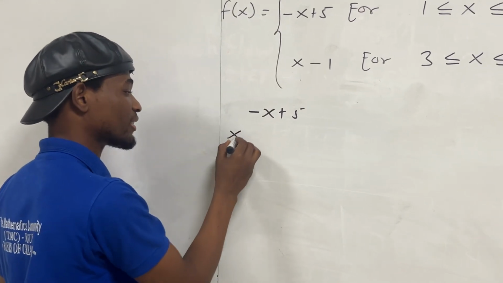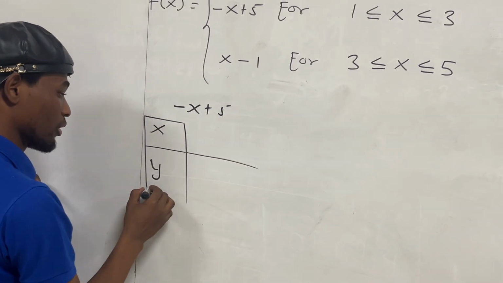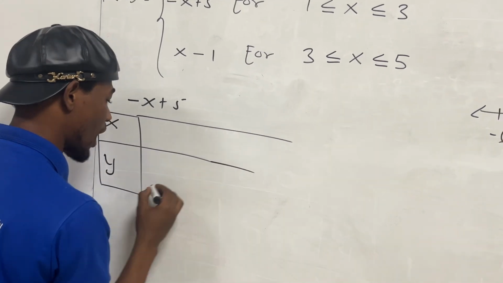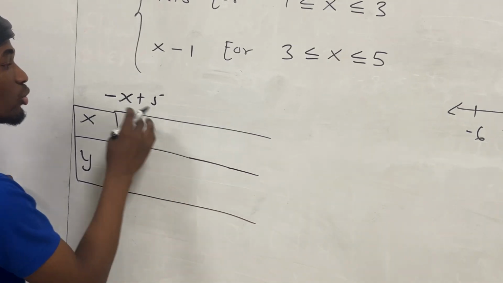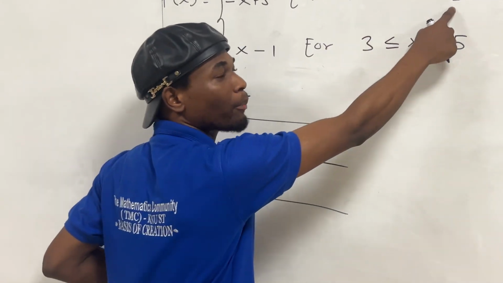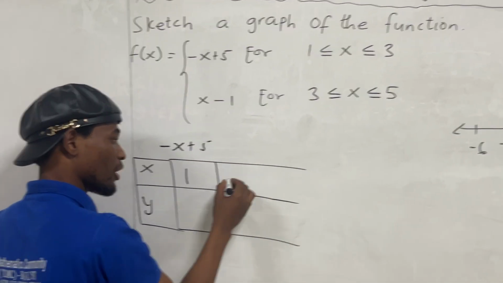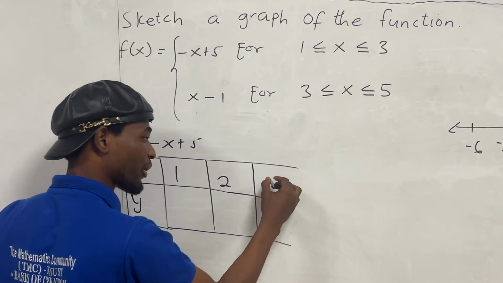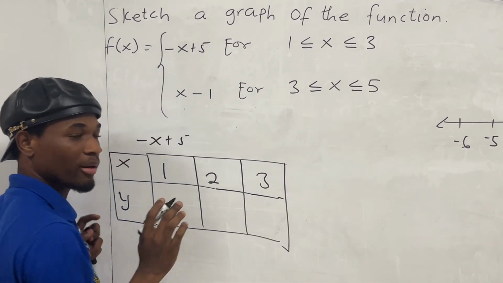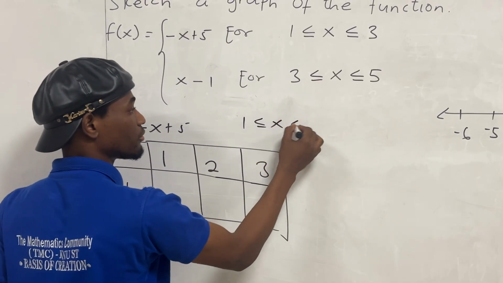So if I have x, then y this way. Now, let's look out for the set of values that will make this function defined. We have from 1 up to 3, right? So I have from 1 up to 3 this way. As simple as that, because there's the interval.